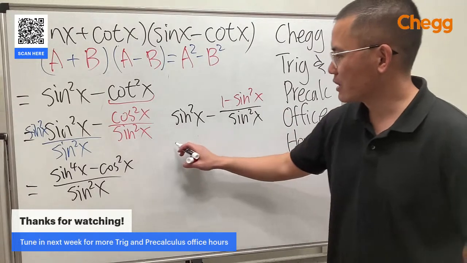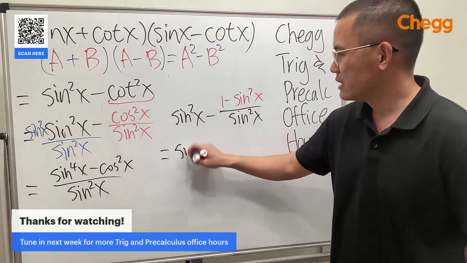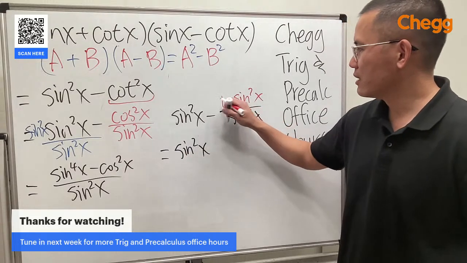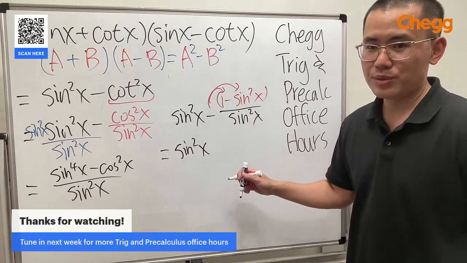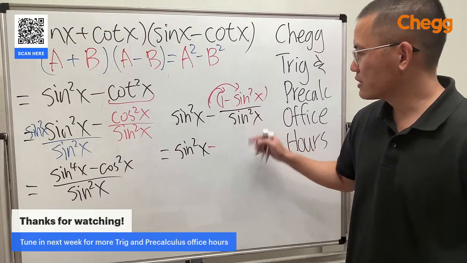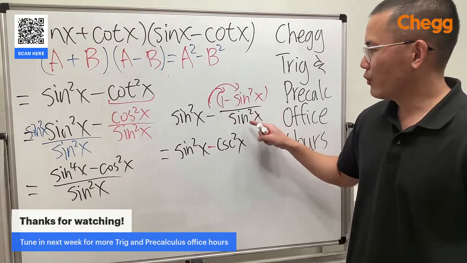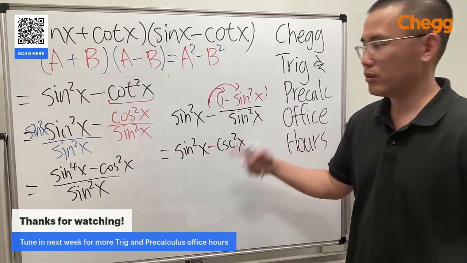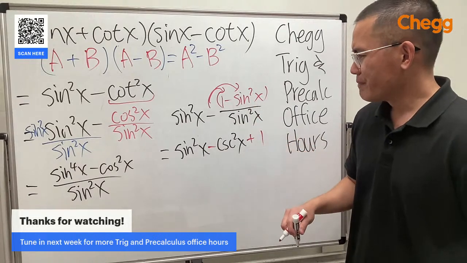Okay, and then if we split this, we get sine squared x, and then distribute the minus. You will see this is minus 1 over sine squared, which is cosecant squared x. And then this over that is just 1, and minus times minus is plus. So we have this plus 1.